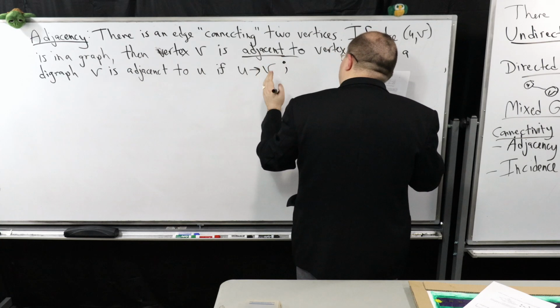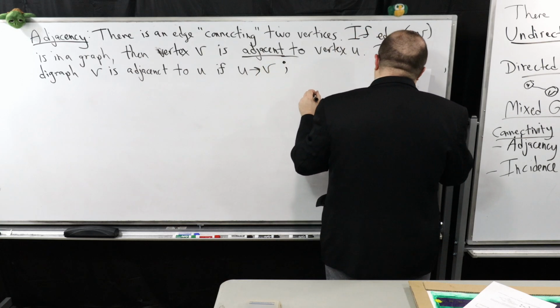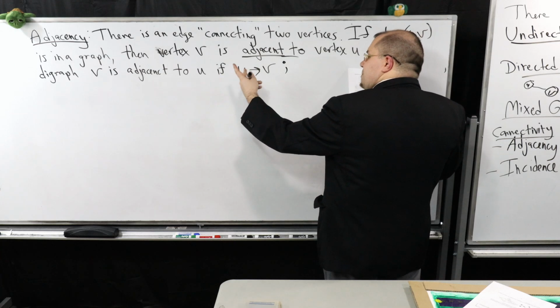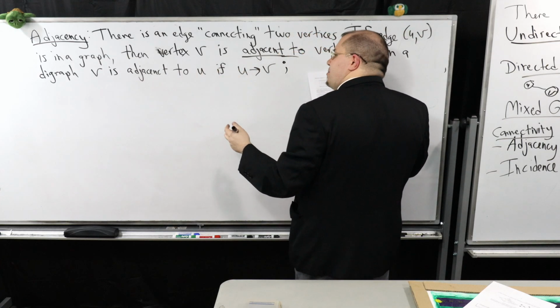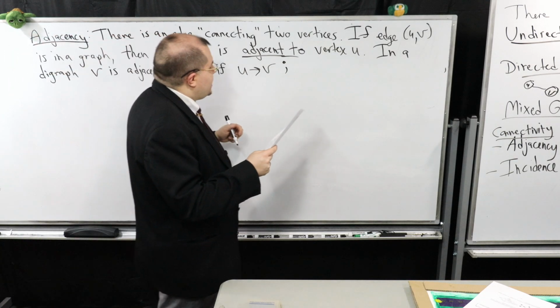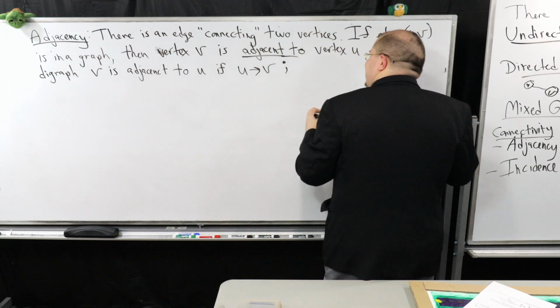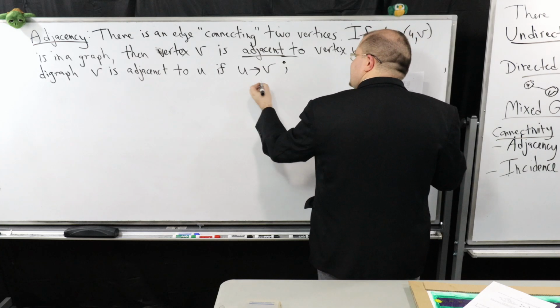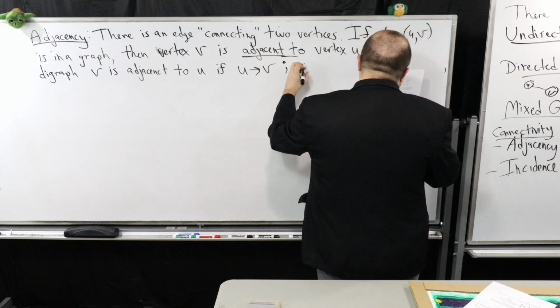I must stress that in a digraph, adjacency is not symmetric, meaning that you can't just flip this around and say they're adjacent, because remember the direction of the arrow on the directed edge. It prevents me from saying that.